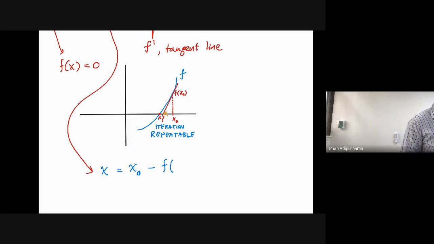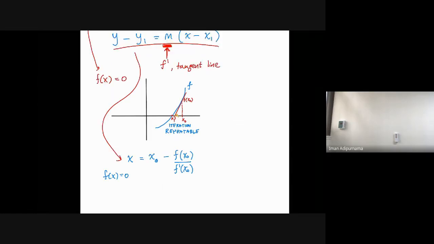This is when f of x is equal to 0. Okay, yeah. So basically, this is the expression for Newton's method, which you can see is the same expression as our tangent line, but the function is 0. Meaning when the function is 0, it's basically this point, right?